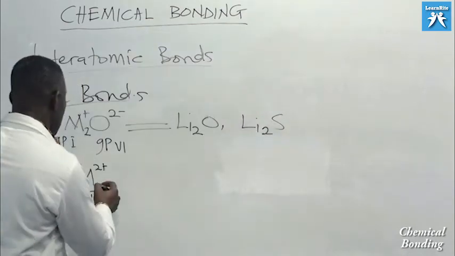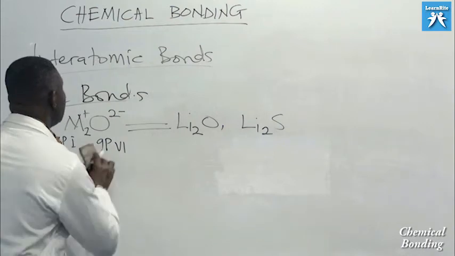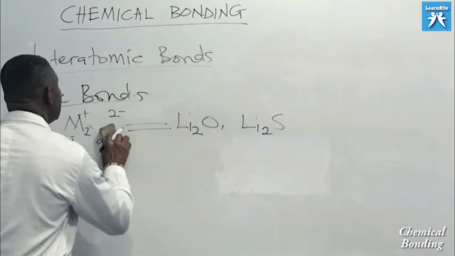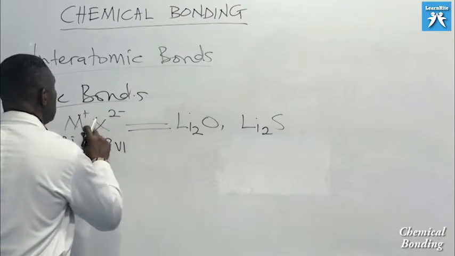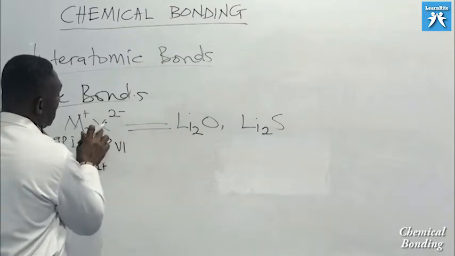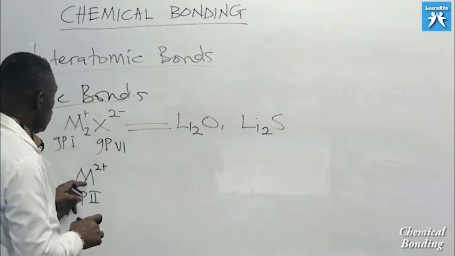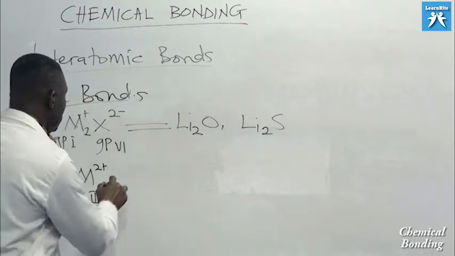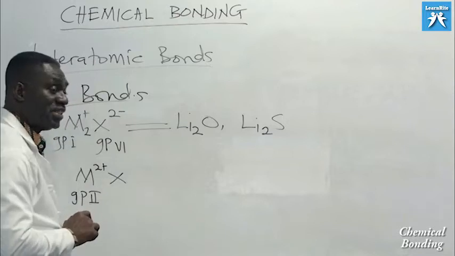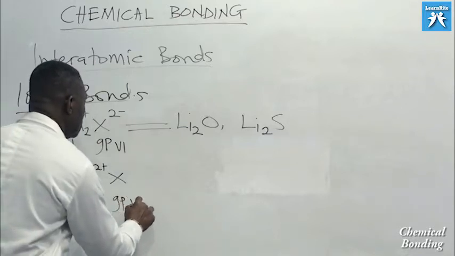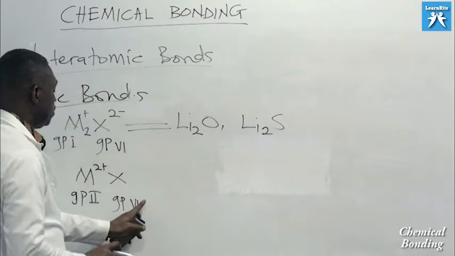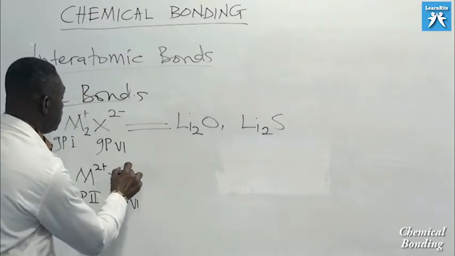So let me still use my X, please, so that the specific example will be oxygen, my X2. So my X here is representing group 6. So my group 2 element, if it is going to combine with X here, which is group 6, then this will have to be minus 2.